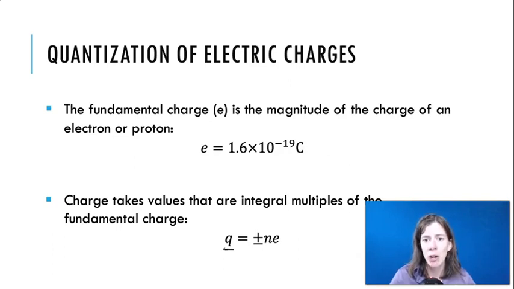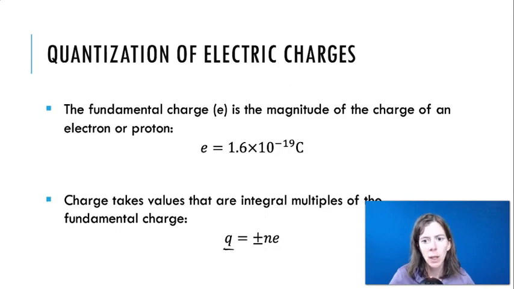So you could have an object that is charged with 5 electrons, for example, and then the n would be our integer here, and that would be 5. And then e would be the charge of one of these electrons. So you multiply the number of electrons times the charge of that electron, and that gives you the charge on that object.